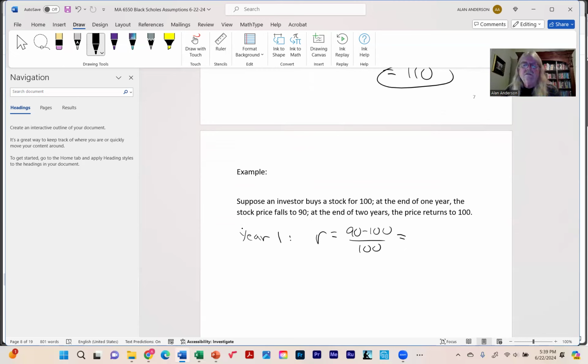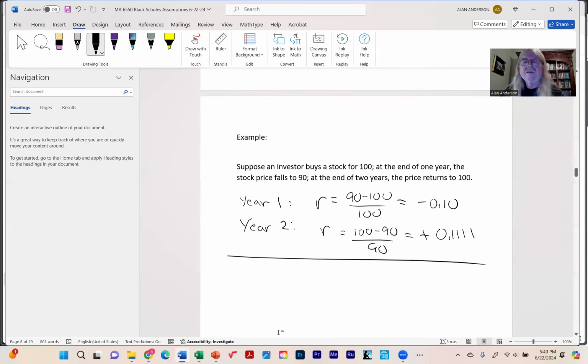So the first year, we lose 10%. Year two, we gain 11.11%.